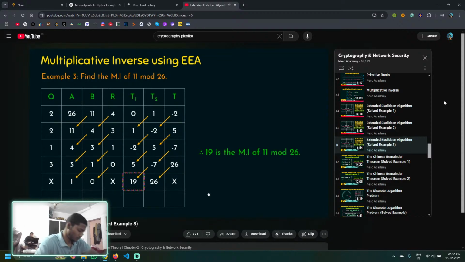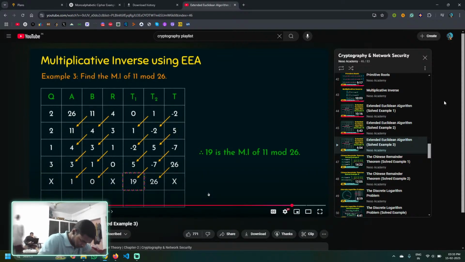That means 1 is the only number that can divide both 11 and 26.